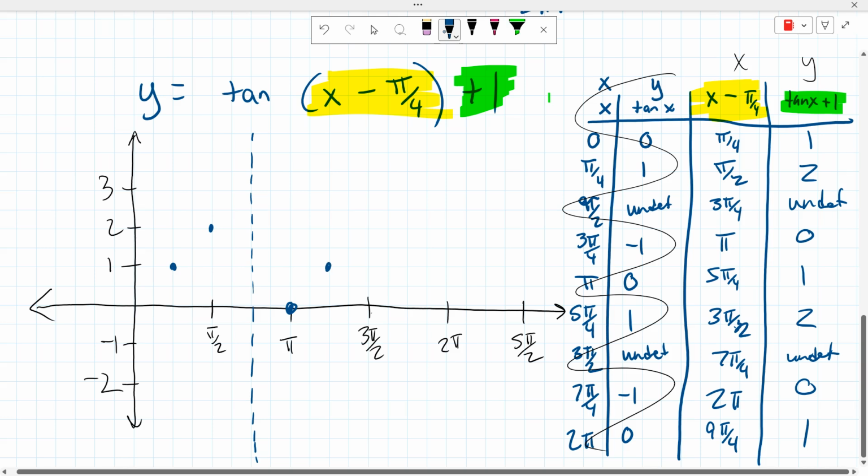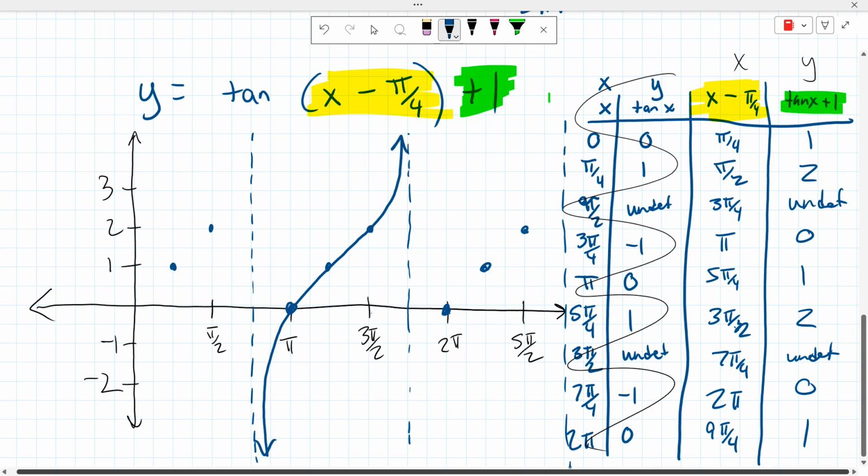Or 5 pi over 4, 1. 3 pi over 2, 0. 2. Asymptote. Same pattern over here. Okay? Tangent with something involved. Okay?